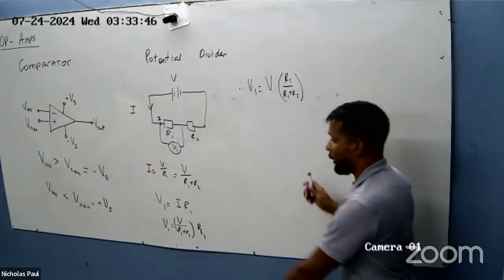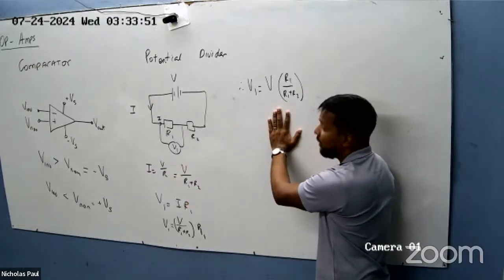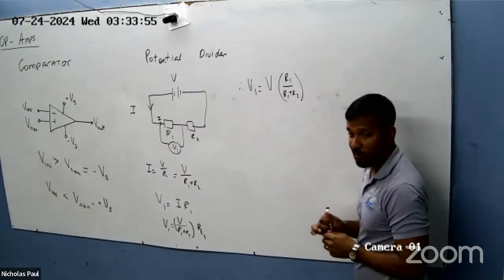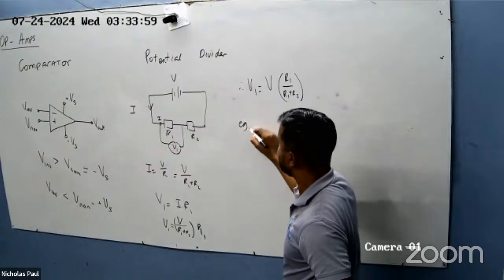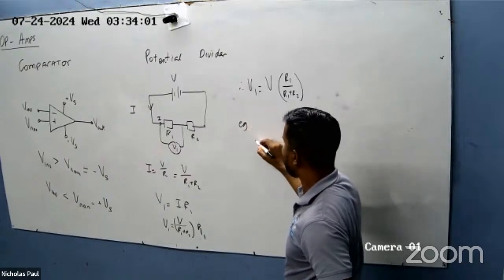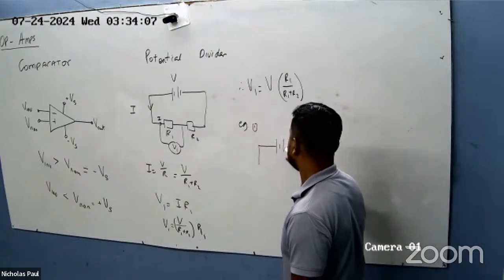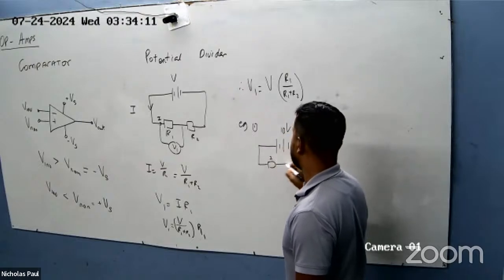All right, don't worry with all this. This is how you find V1. V1 is equal to the total supply multiplied by the fraction. So for example, that's 10 volts, and that's 2.